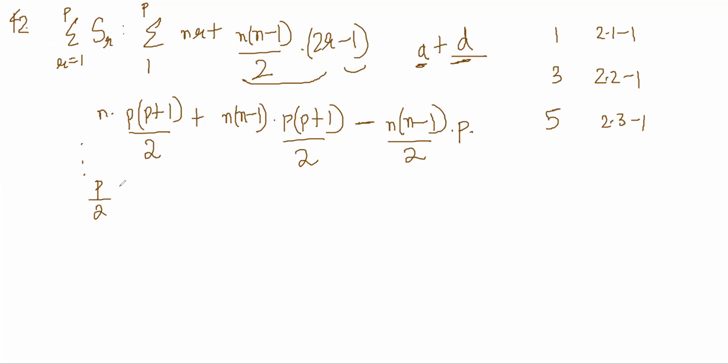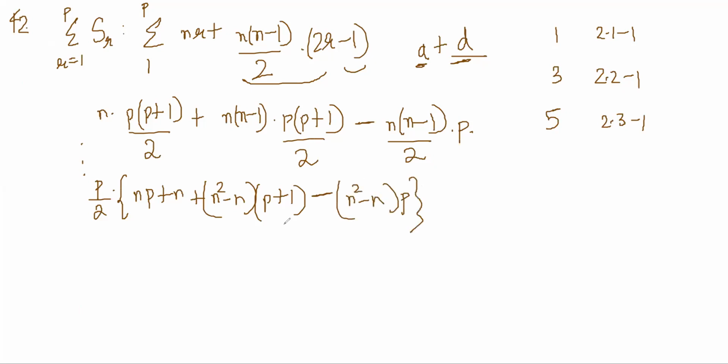With p by 2 common, this one becomes np plus n. This one becomes n square minus n into p plus 1 minus n square minus n into p. So plus n square minus n into p will cancel the second term, and what will be left is plus n square minus n. So np plus n square minus n.